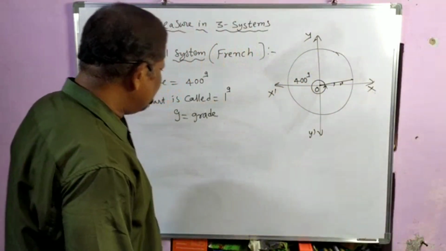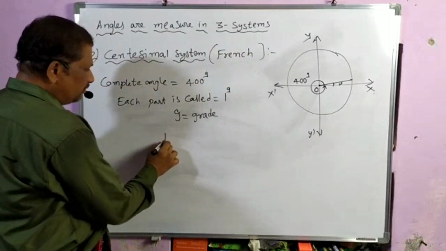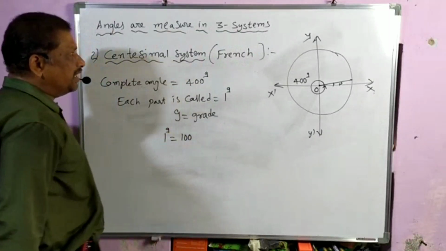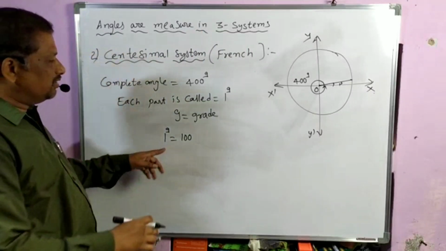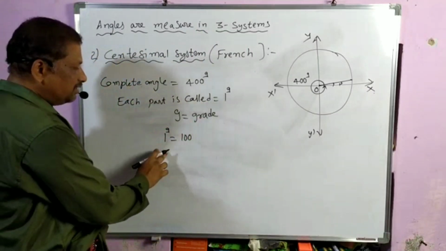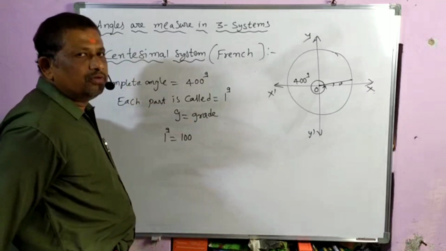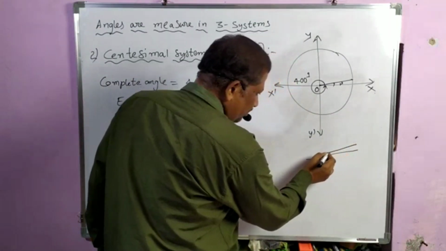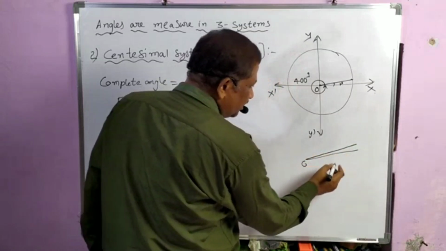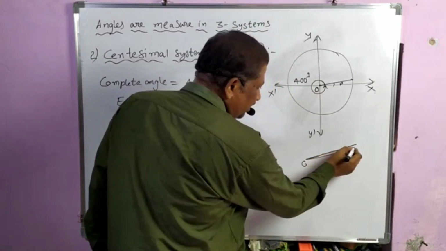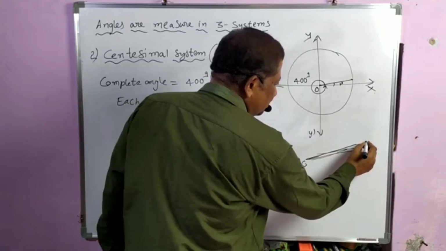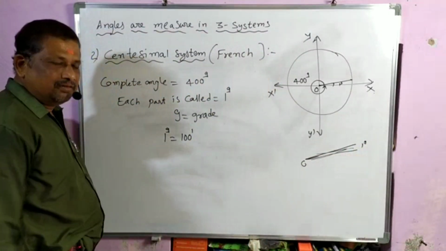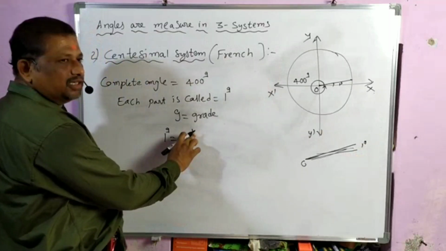Okay. Further, one grade is divided into 100 equal parts. Cent means 100. So it is divided into hundreds. So one grade is further divided into 100 equal parts, and they are called minutes. This symbol indicates minutes.